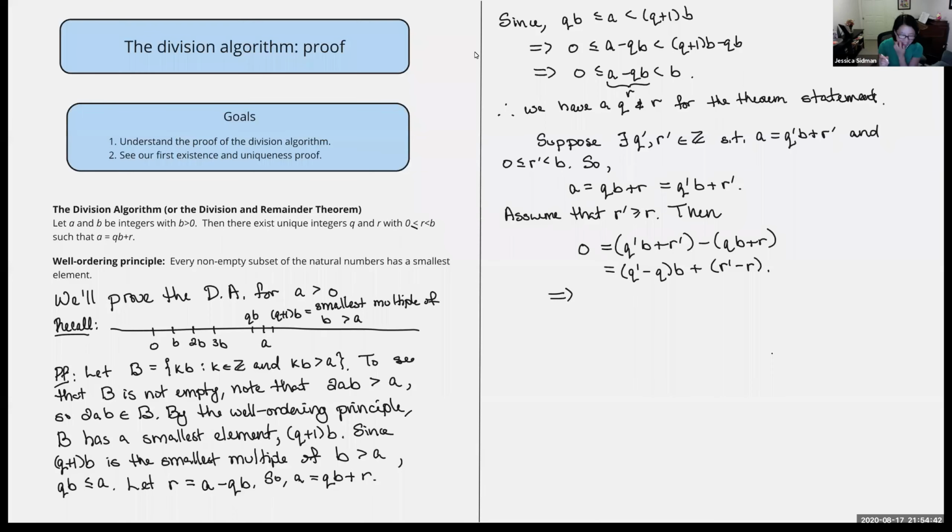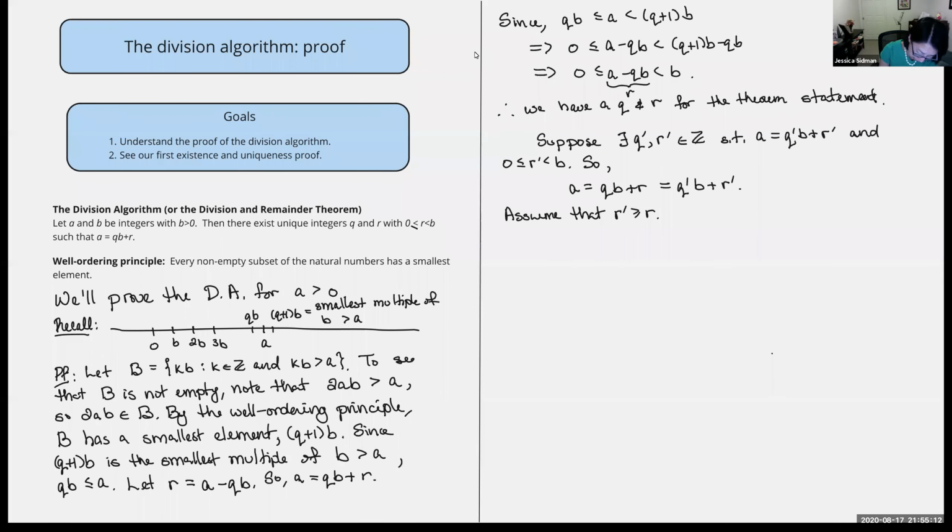All right, I decided this will be a little neater algebraically if I backtrack and make a different choice when I do my subtraction. So I'm just going to erase, all right? This isn't the end of the world. Things happen when you're proving, right? And I'm going to take that equation, QB plus R equals Q prime B plus R prime, and I'm going to put the B's on one side and the R's on the other, all right? So what do I mean by that?